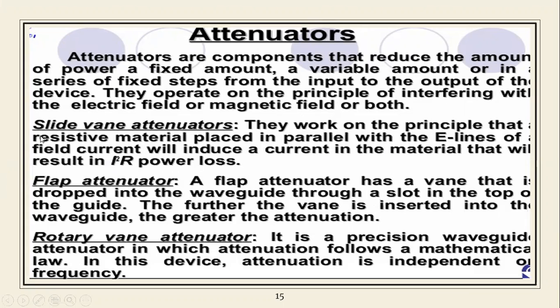Whenever you have the parallel lines and the current is flowing, the power losses are nothing but in terms of I square R. We know very well, if you are talking about power, P equals VI, P equals I square R, P equals V square by R. So depending upon which application you are finding the power losses for. Here in the cable, just for the heating effect, we are treating it as I square R.